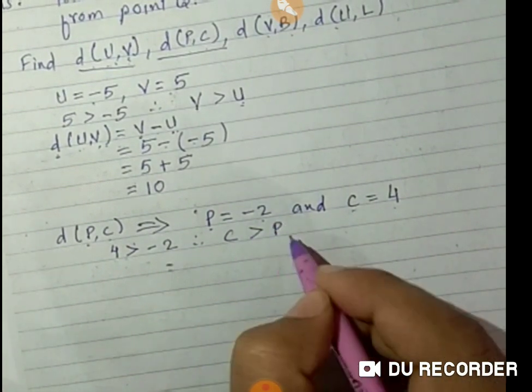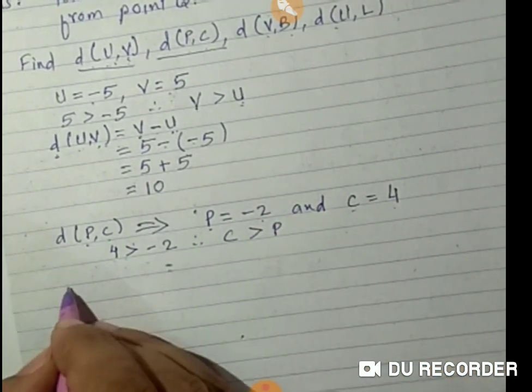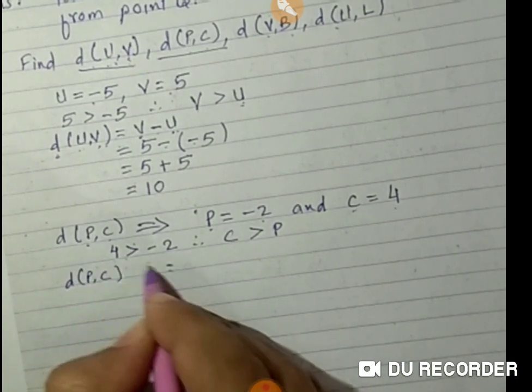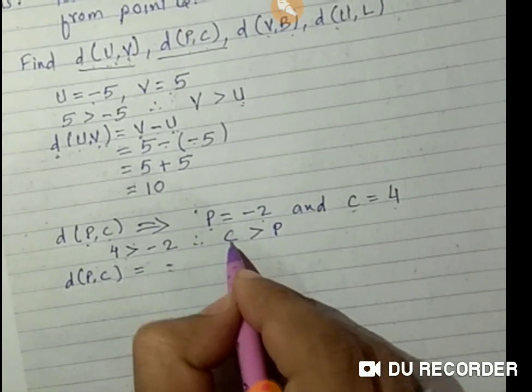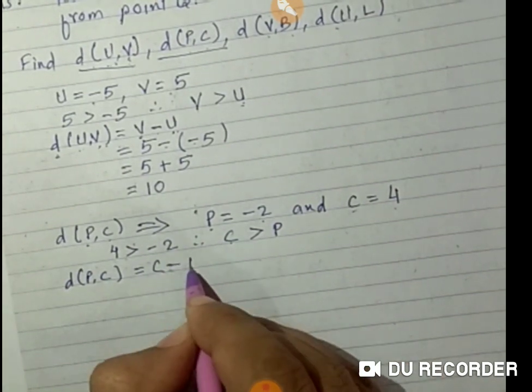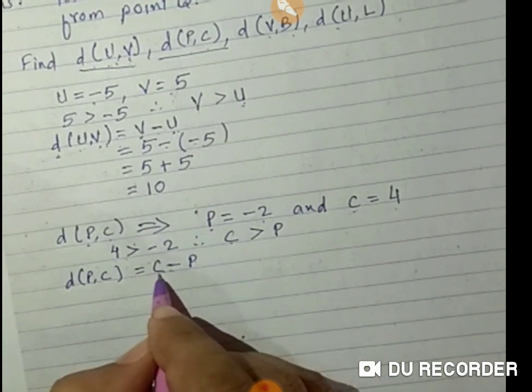Then we will write our formula. Distance between PC is C minus P. That is higher point minus lower point.